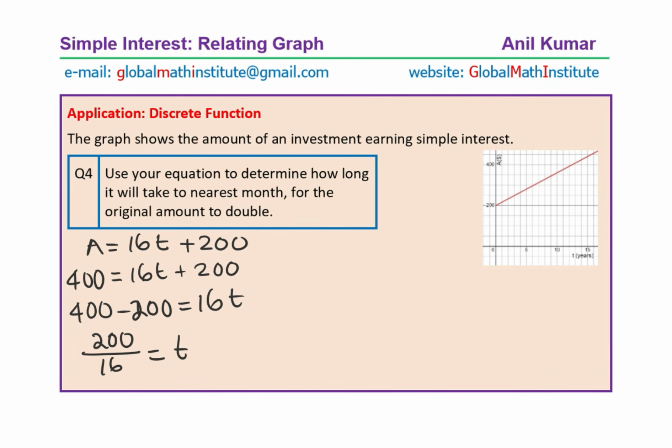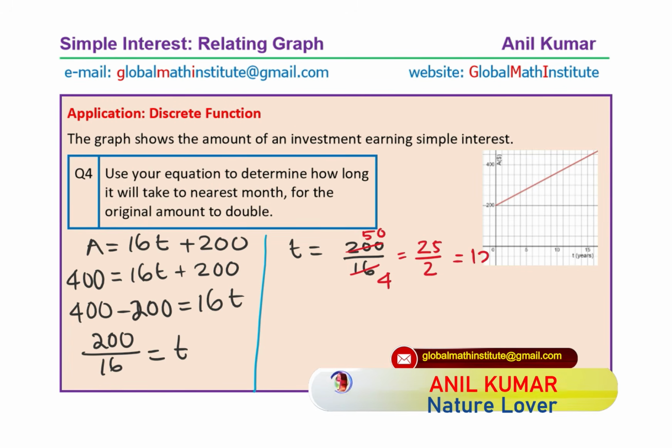And how much is that time? You can always use the calculator to find the answer. Here we have T equals 200 by 16. Both can be divided by 4, so dividing by 4, I get 4 here and 50. We can still divide, we get 25 by 2. Dividing by 2 further, it is 12.5 years, correct? So 12.5 means half a year, which is 6 months.